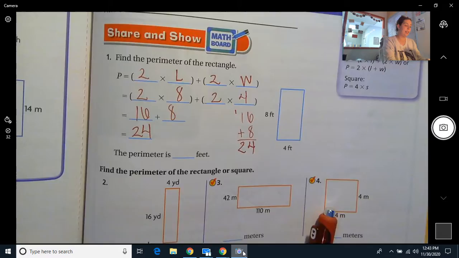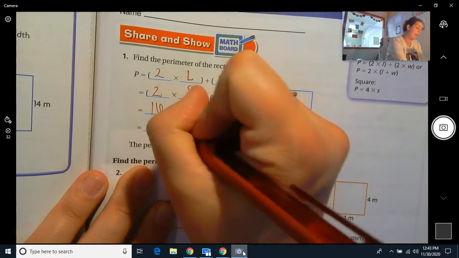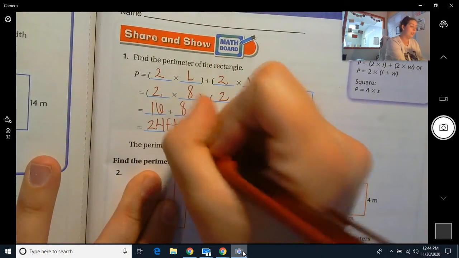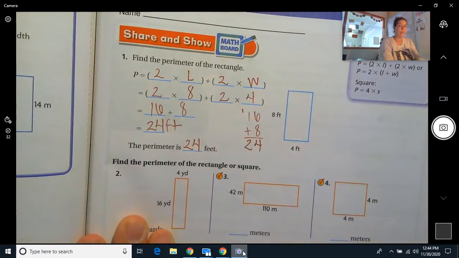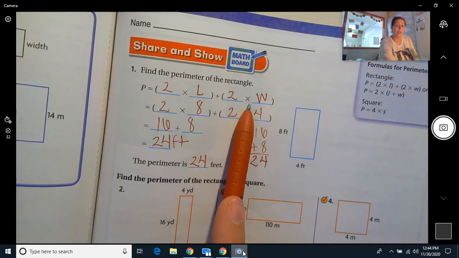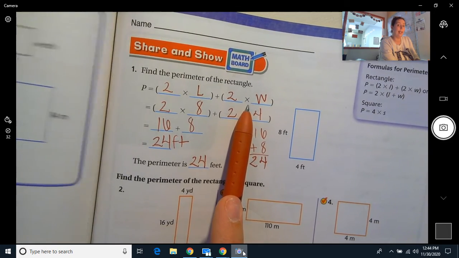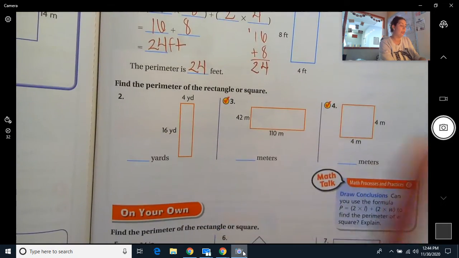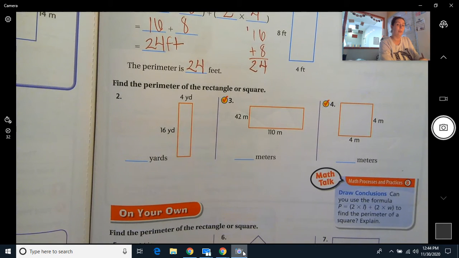Feet. Yes, feet. FT stands for feet. The perimeter is 24 feet. Good job. Thank you. Now, you have learned this one, and you've learned that you can add all the sides together. What I want you to do, I want you to try number 2 by yourself.